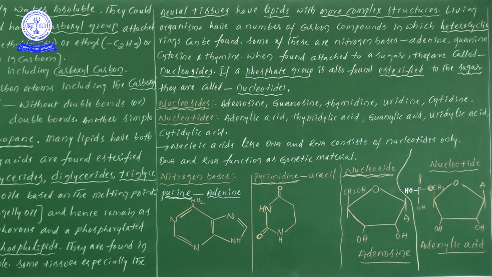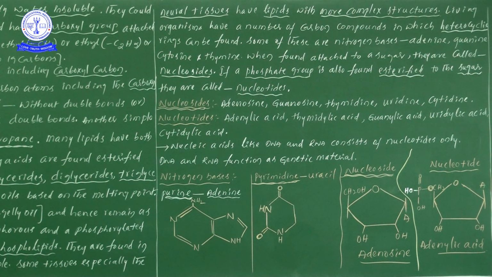Now look at the nucleotide. Nucleotide means phosphate is newly attached. On the 5th carbon there is CH2OH, and an OH on the side is highly reactive, so it will not be stable.